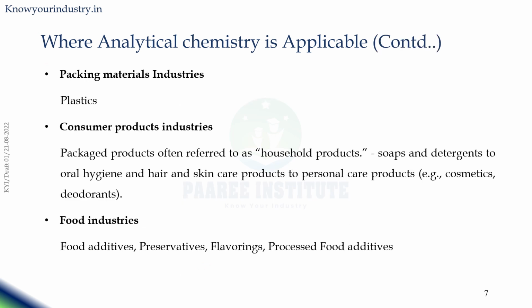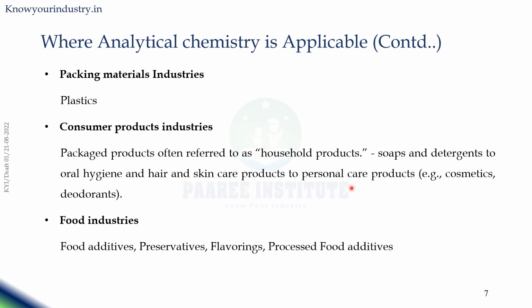In addition to the agricultural chemical industries and the pharmaceutical industries, we have packing material industries, consumer product industries, and food industries. Packing material industries produce plastics, glass, cardboard and other paper-based materials, which are also analyzed by various analytical techniques.